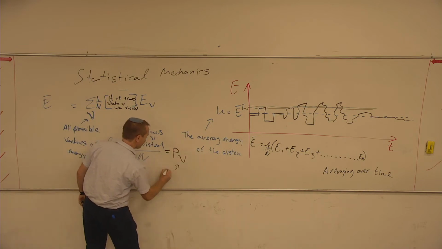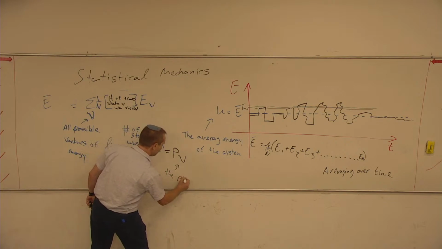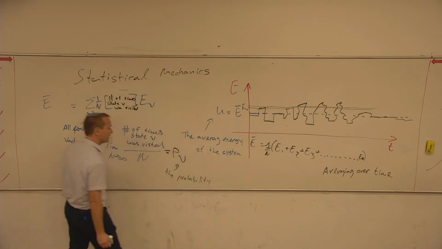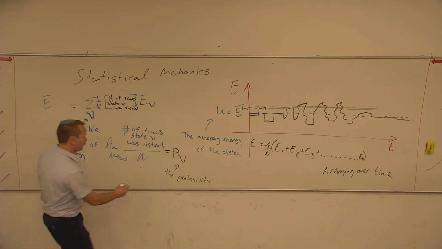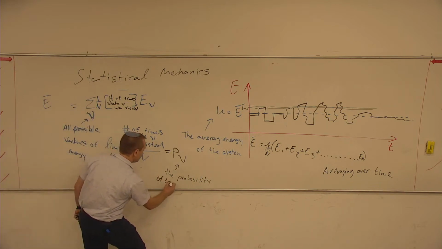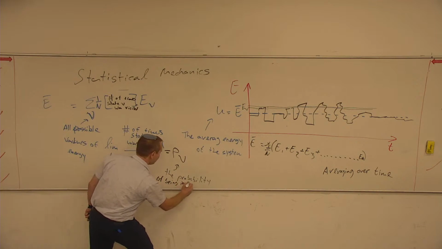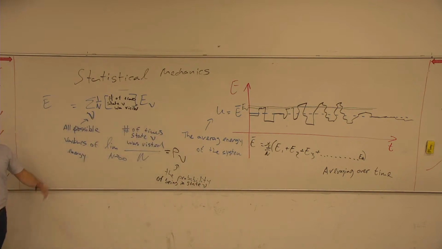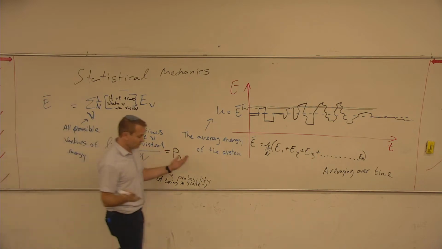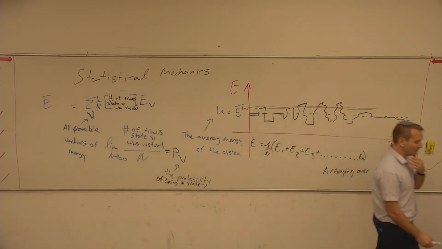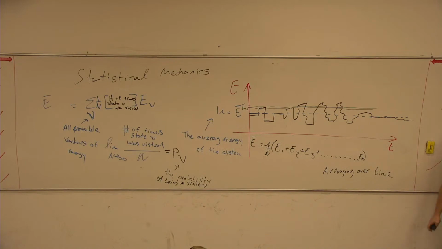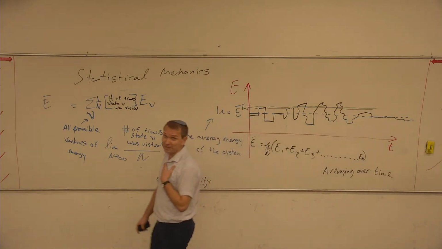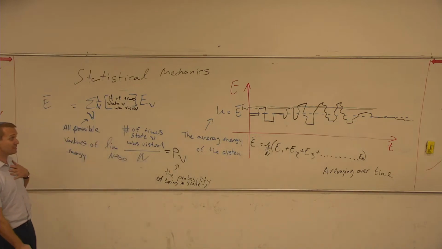The probability of being in state nu. This is the law of large numbers. This is absolutely provable with some assumptions in the statistics class, and whoever was in my class has proven this.